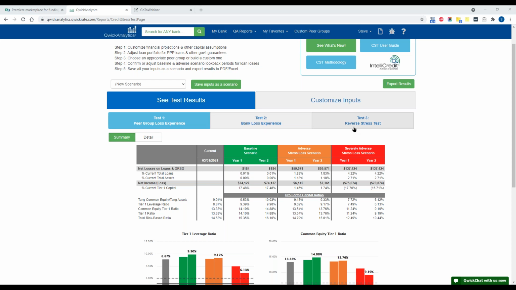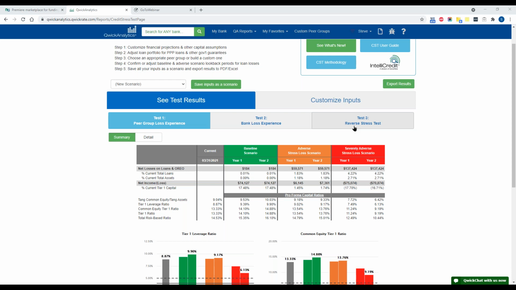And then finally, the third test, it's what they call a reverse stress test. It's what I fondly refer to as the how much rope do we have to hang ourselves with test. They call it a reverse stress test because it really does turn the methodology we just discussed from the first tests on its head and work backwards.